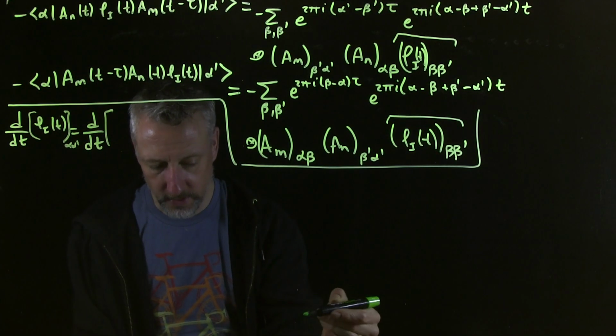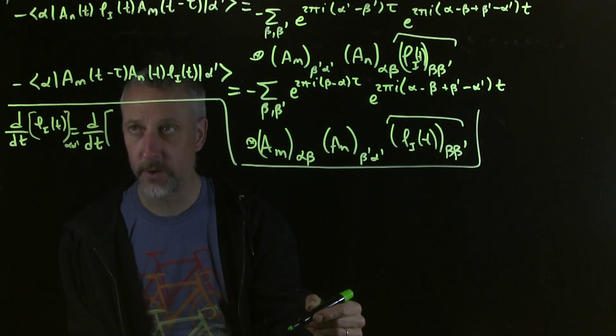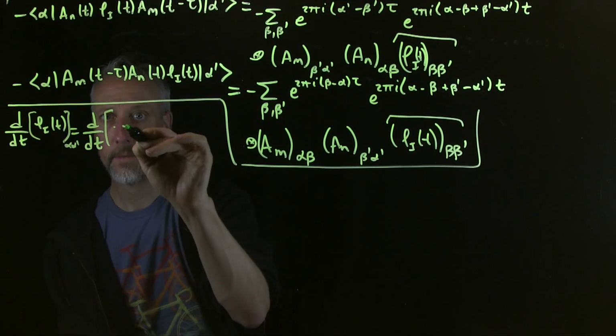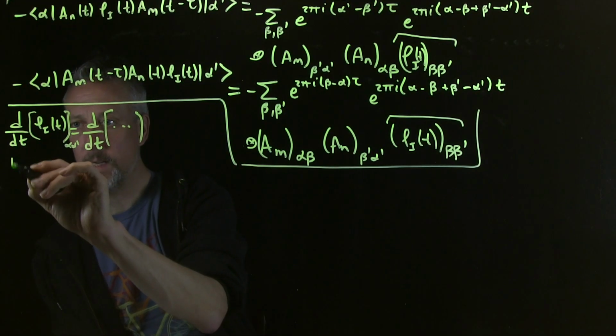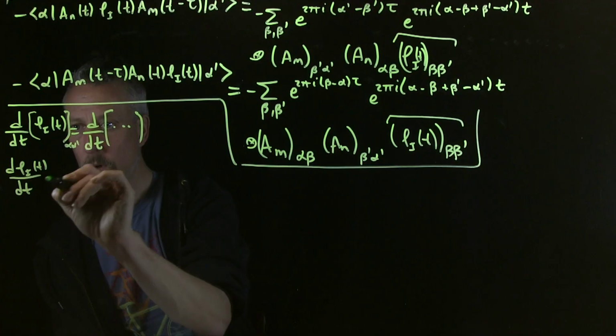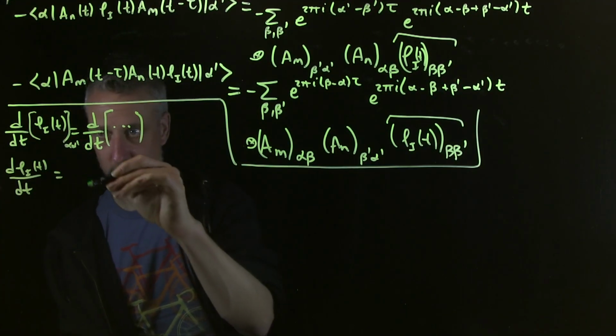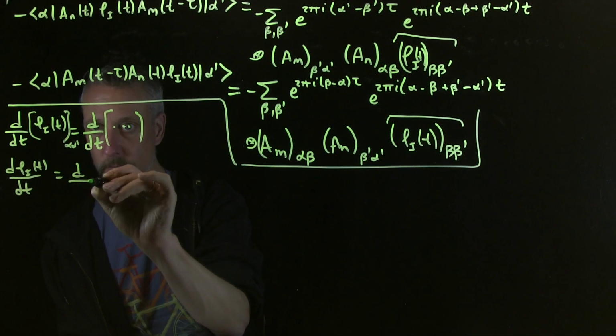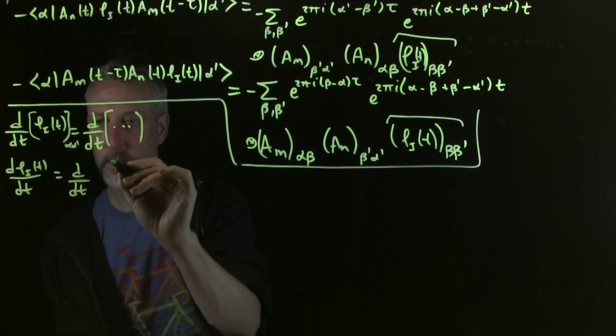The way we're going to do this is we're going to write down first, generically, what is d by dt of rho I when we insert the meaning of the interaction picture transformation.